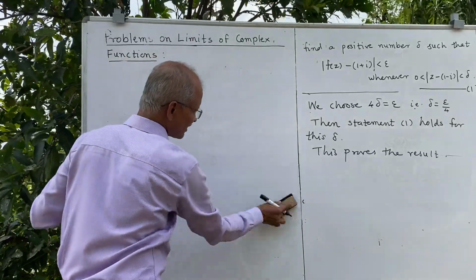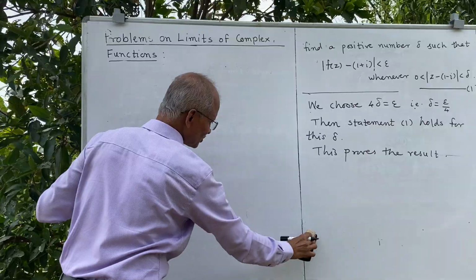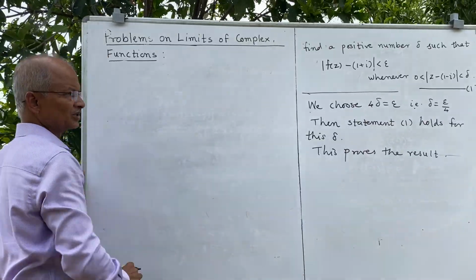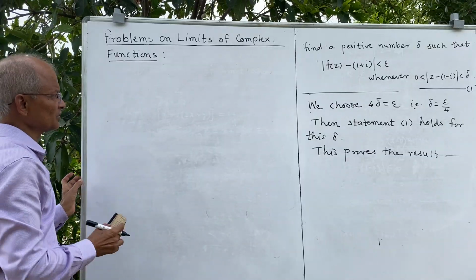Now we will solve a problem to show that the limit does not exist. It is not always the case that a limit exists. Sometimes the limit does not exist.